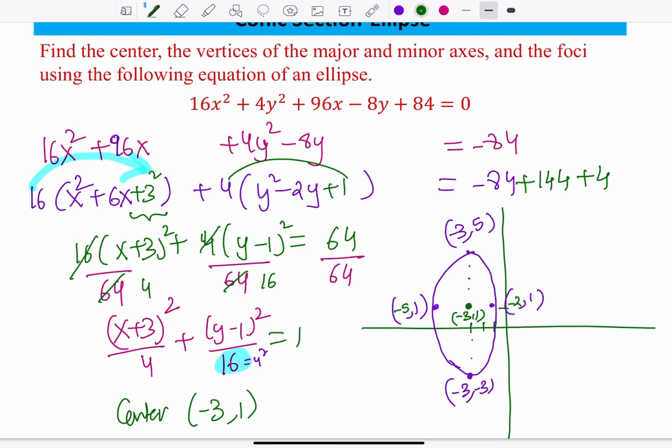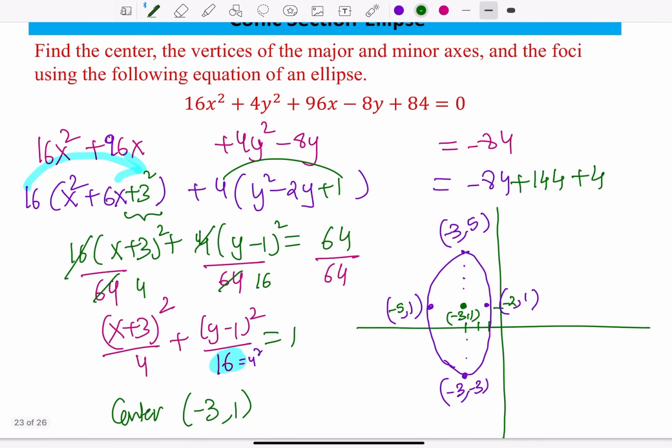To find coordinates of foci, we need c squared equals a squared minus b squared, and they will be plotted along the major axis, and we will have to consider the center as well. In this case, again, the center is not 0, 0. So 16 minus 4, that's 12. c squared is 12. This gives me c is plus or minus square root of 12.